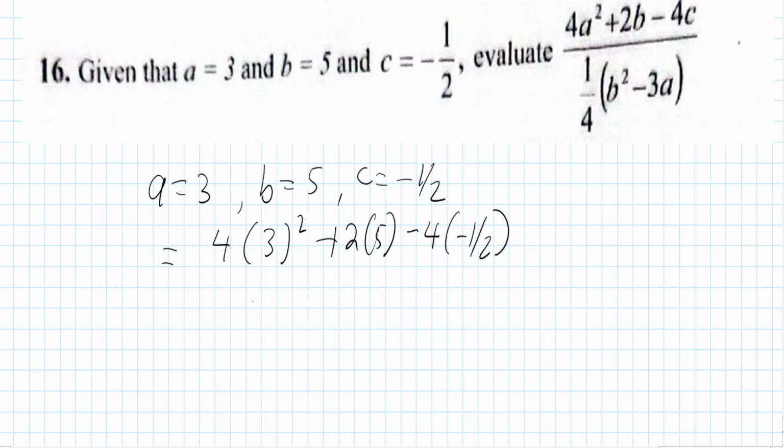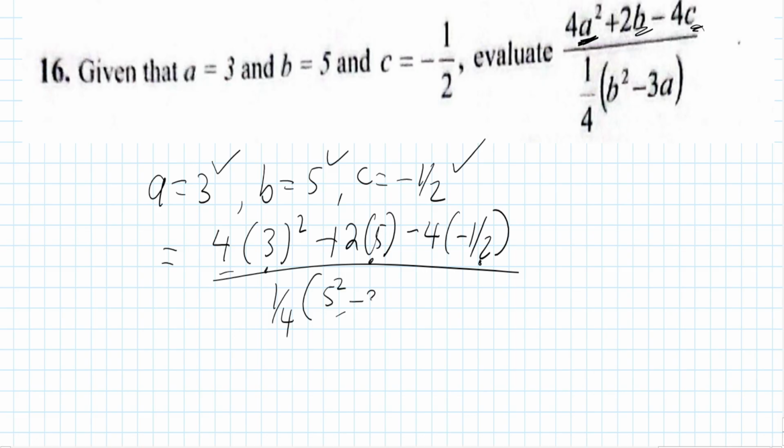Divide by a quarter into bracket 5 squared minus 3 times 3.